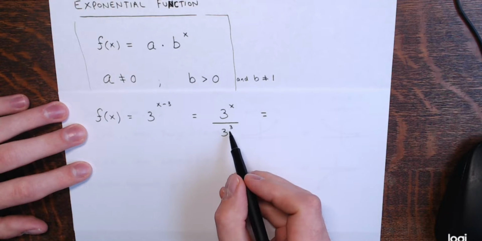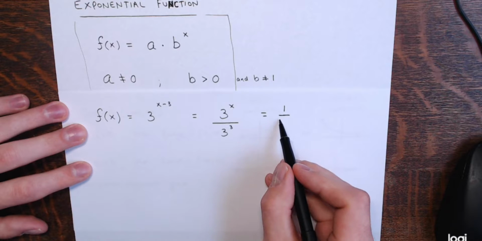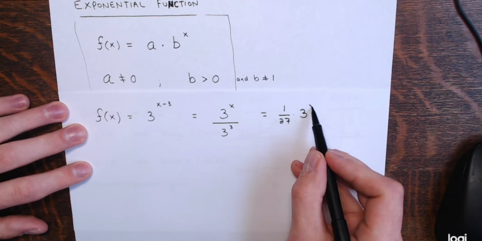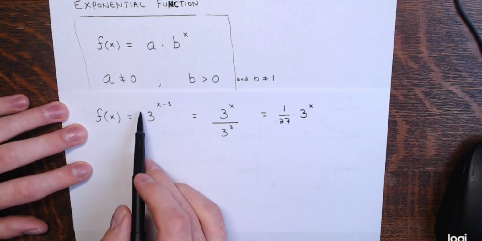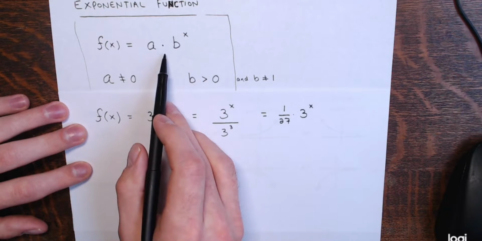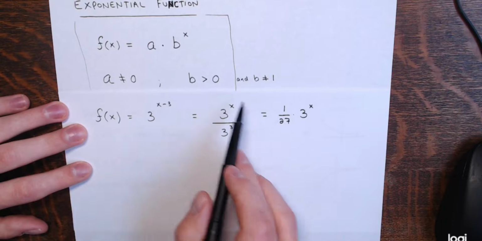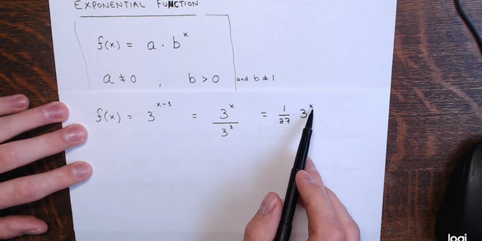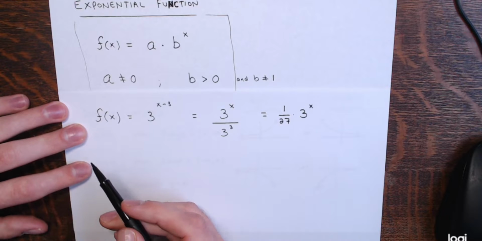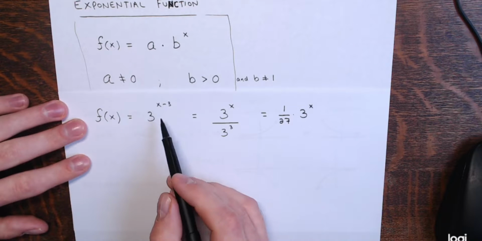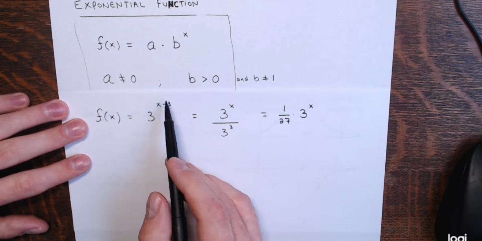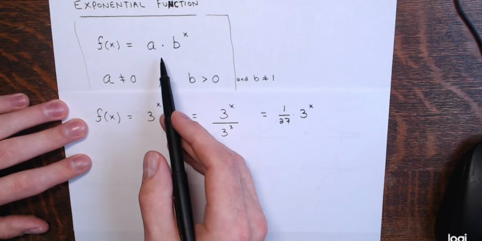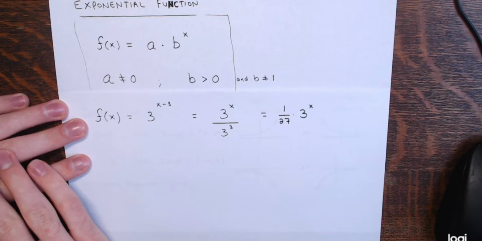So this is 1/27 times 3 to the x. And there's how this function looks like that form. A would be 1/27, and b is 3, and then you have just the x power. So although functions may not look like this form, if they're exponential, they can be written in this form. But that's neither here nor there.